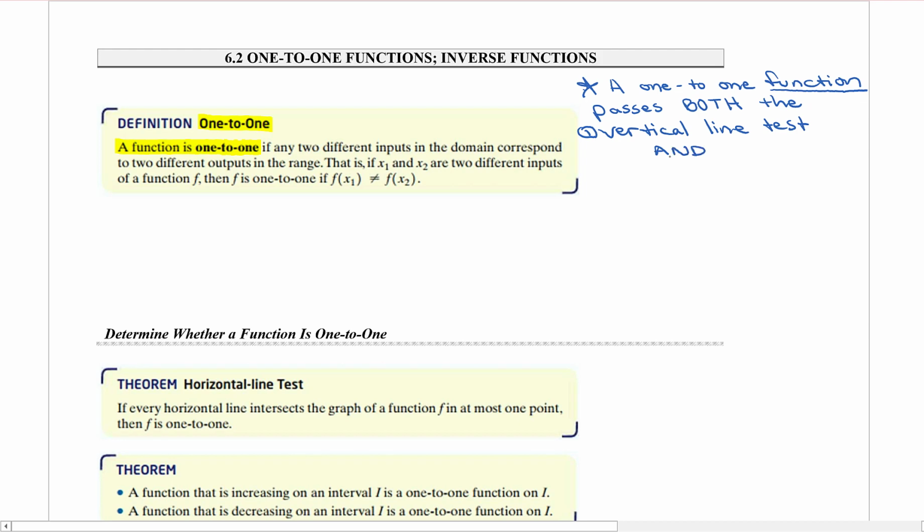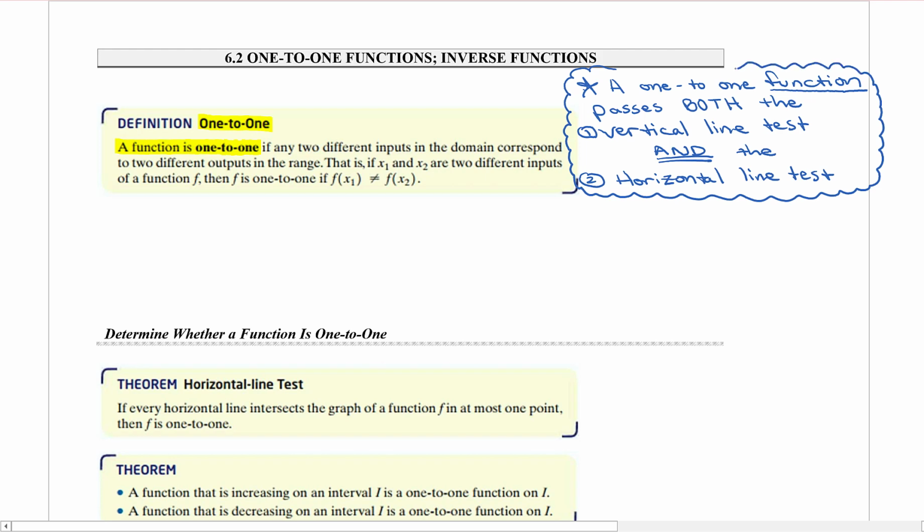The reason it doesn't mention it here in the textbook is because all of these are already determined to be functions, and the vertical line test basically determines if something is a function. So it passes both the vertical line test and the horizontal line test, which we are going to learn about in this section. If it passes both of these tests, it's going to be a one-to-one function.